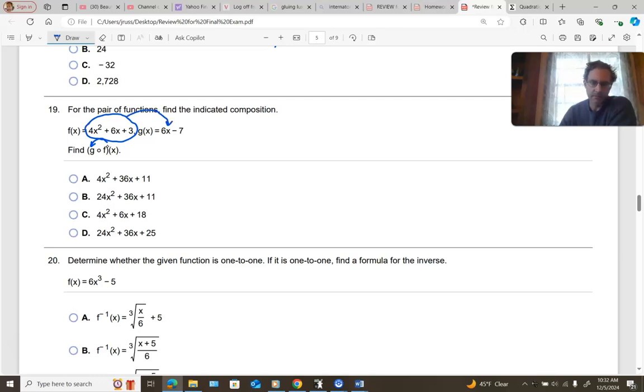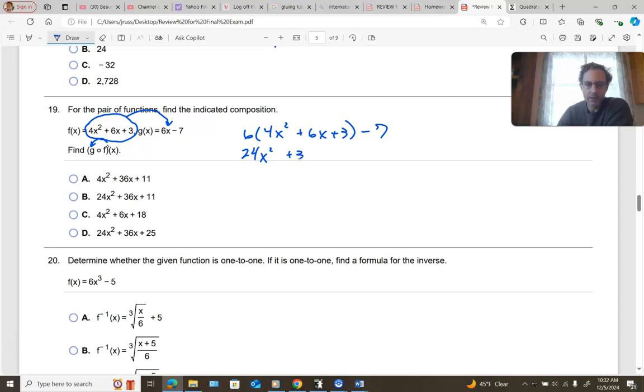So if I do that, I get 6 times 4x squared plus 6x plus 3, and then raised to 7. And then if I distribute that 6, I'll get 24x squared plus 36x plus 18 minus 7, and this will end up giving me, what is that, 11. Okay, so it looks like this one's going to have to be choice B.